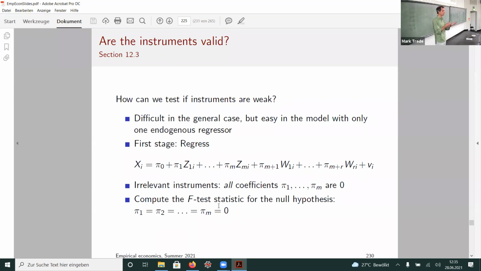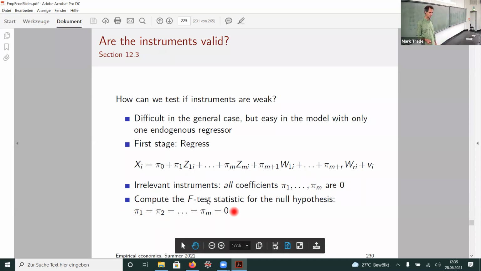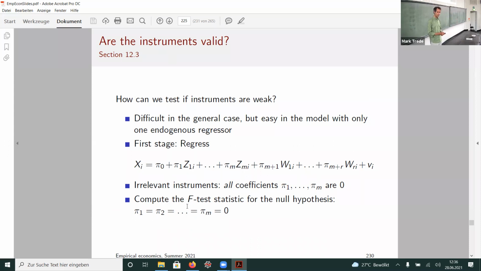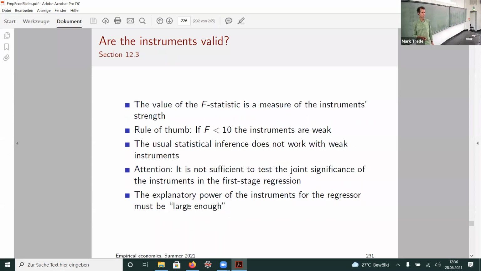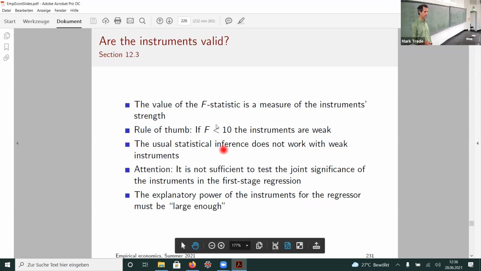It's a joint test, just as the normal F-test. And actually, this is just outputted by any statistical software. Okay? So the F statistic for this is just reported in a standard way. So in a way, that's pretty easy. And we can use the value of the F statistic as a measure of the instrument's strength.